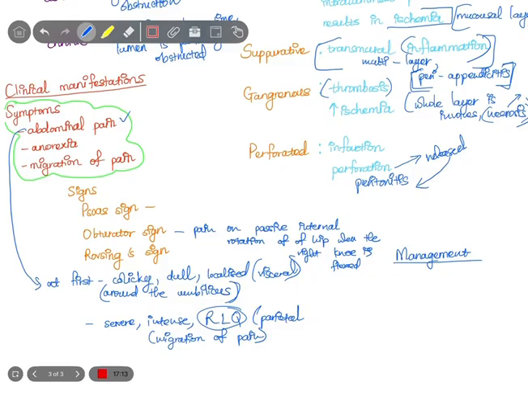Now we also have the psoas sign. This is when the patient is also asked to lie on their left side while the right thigh is flexed backwards.